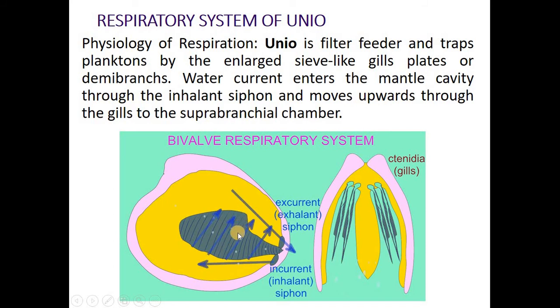After the oxygen is absorbed, the carbon dioxide is released by these gills, and that carbon dioxide moves upwards along with the water, and goes out through the exhalant siphon or excurrent siphon. So this is the general plan of the gills in the case of the Unio.